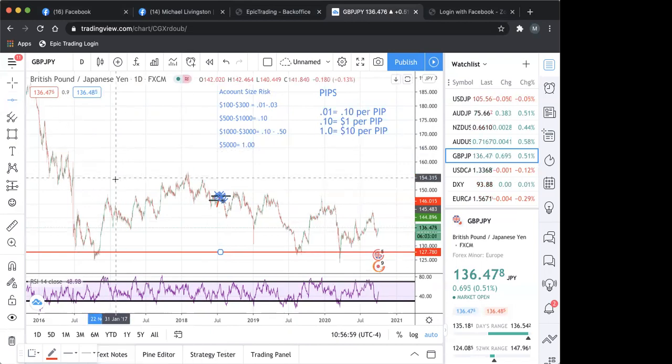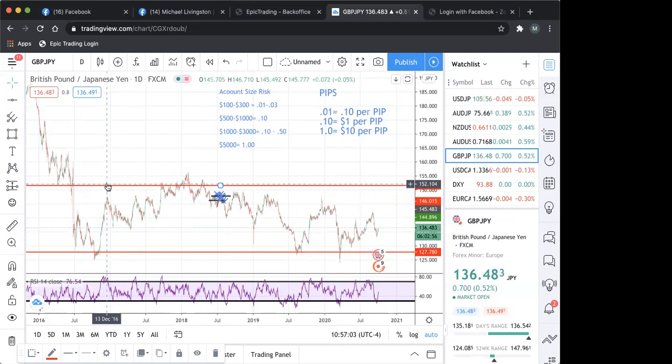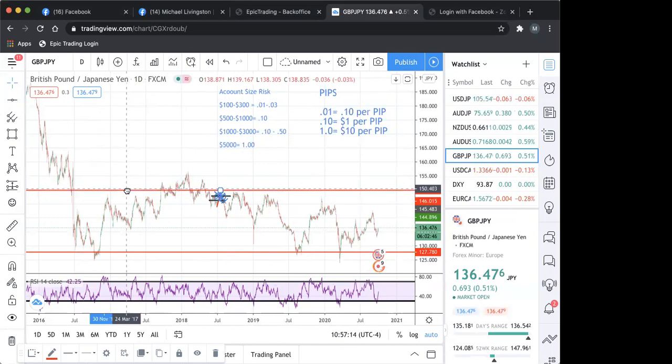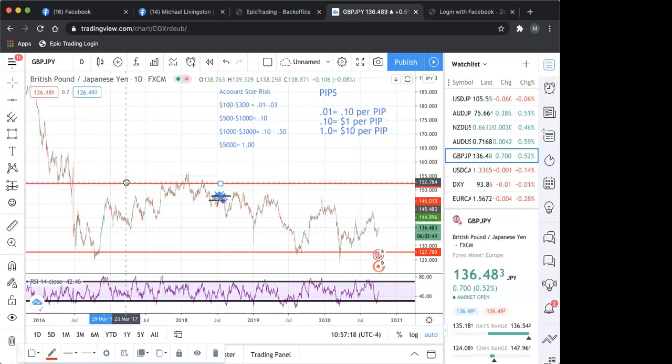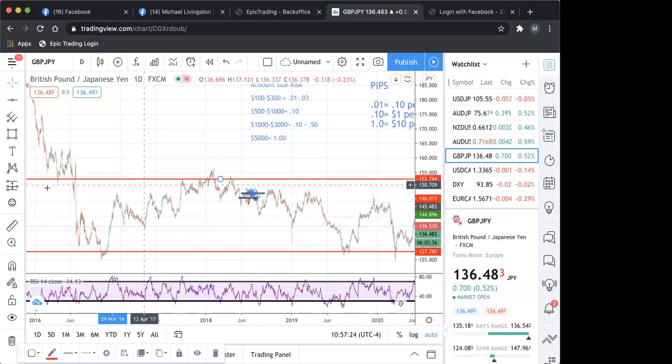Now your ceiling is going to be your resistance, the area the market touches and can't get above. The reason I put it right here is that before price was down here, it was holding right here as a floor.